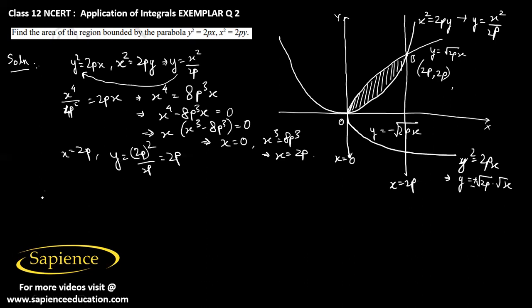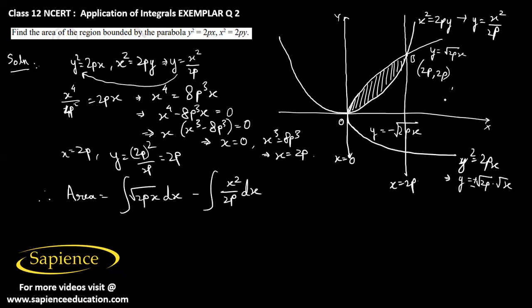Therefore the required area of the shaded region will be the integral of root over 2px dx minus the integral of x square by 2p dx. Why is it so?